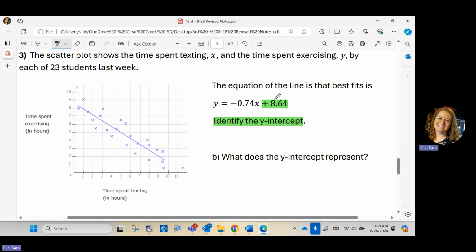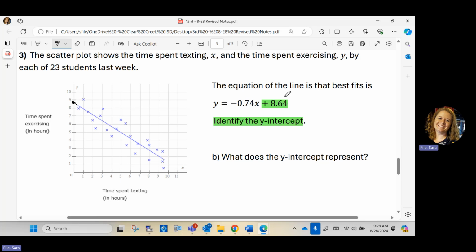Okay, so you can see the intercept in the equation. If you wanted to extend the line of best fit, it would put your intercept about here, which looks at about 8.64, right? What does that mean in this scenario, though? With what the x and y represent, what does this 8.64 tell us? Let's think about y-intercept in general.